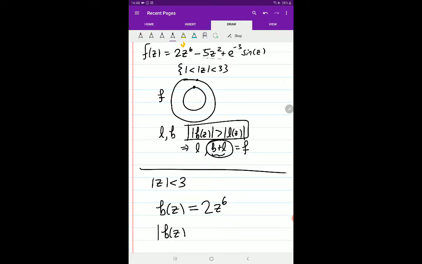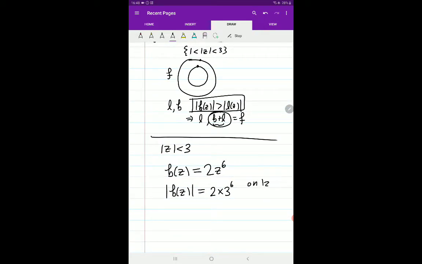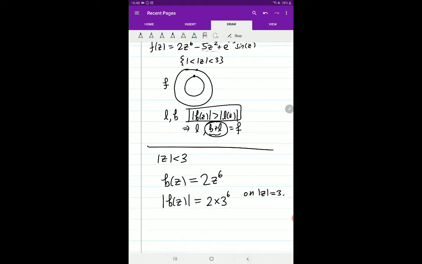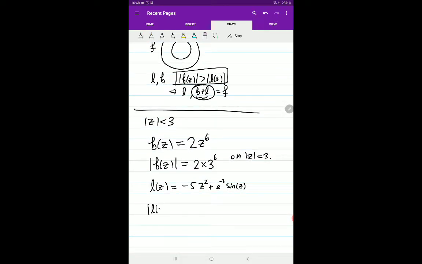Now, the absolute value of B of z is 2 times 3 to the power of 6, on the boundary here of the bigger disk. Let's look at L of z, which will have to be minus 5 z squared plus e to the minus 3 sine of z. Absolute value, let's be very generous and use the triangle inequality.